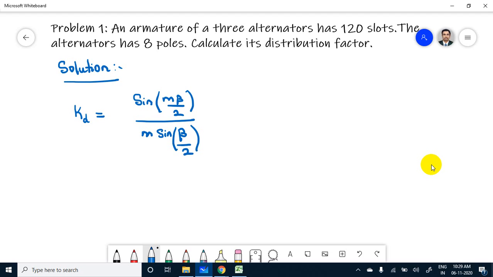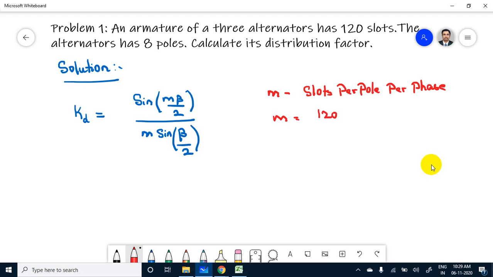Okay, now we have to find the m value. What is m? M means slots per pole per phase. So how many slots are there? What is the m formula? M equal to slots per pole, right? So how many slots? Anyone? How many slots are given in the problem? 120.